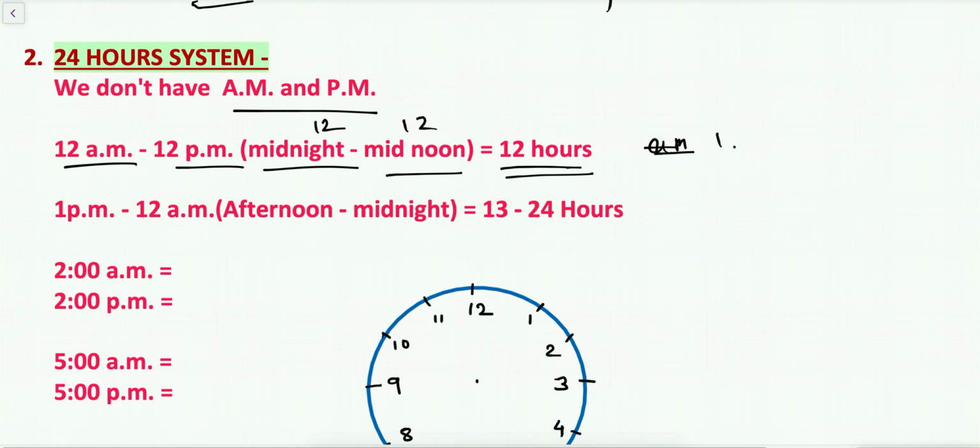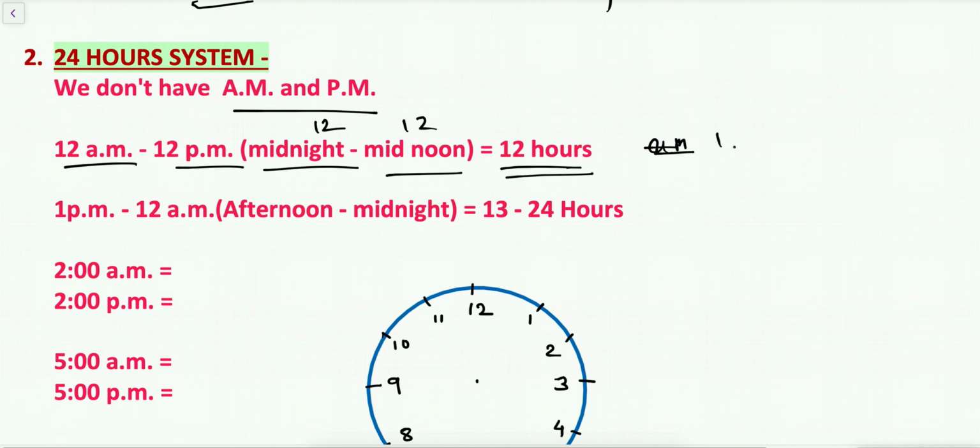Now let's see converting hours into seconds. Here a two-stage conversion is required. First, 1 hour is equal to 60 minutes. Second, 1 minute is equal to 60 seconds. So 1 hour is equal to 60 into 60 seconds.